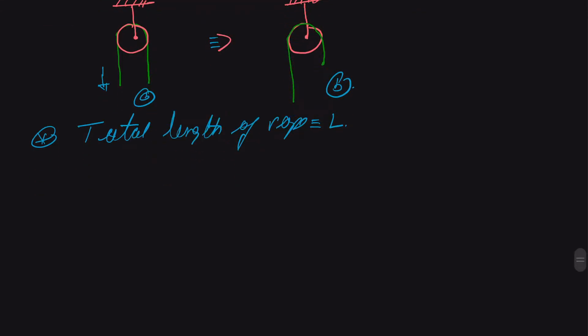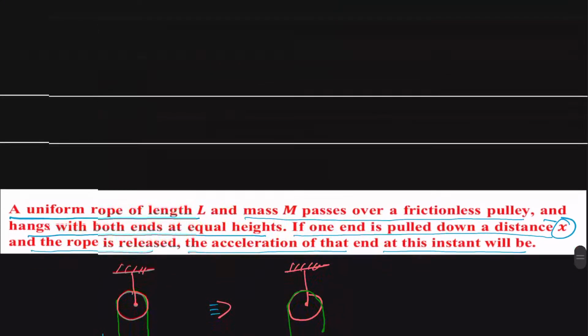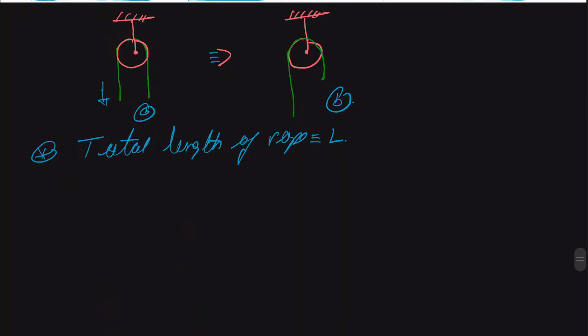Therefore we can say that total length is L and its mass is given. So let us write that mass of the rope is our capital M.